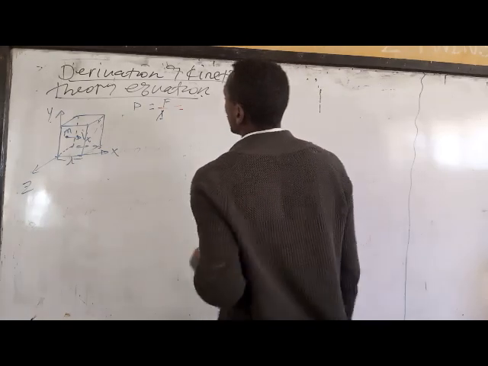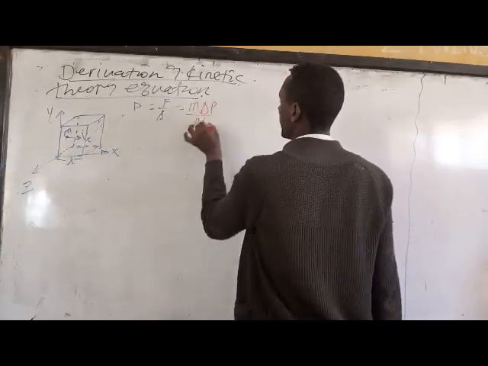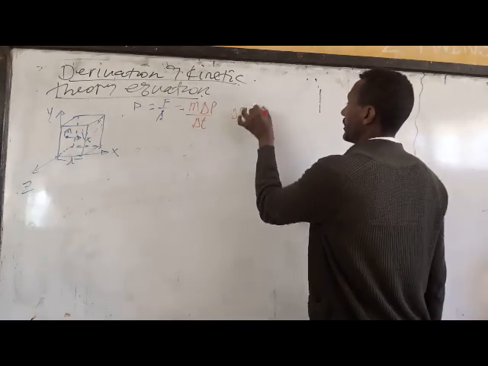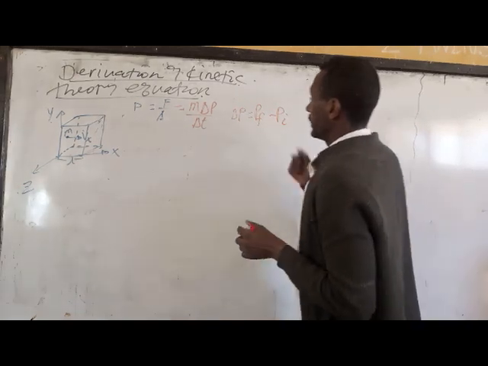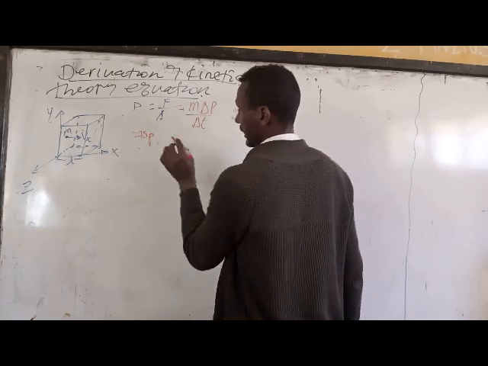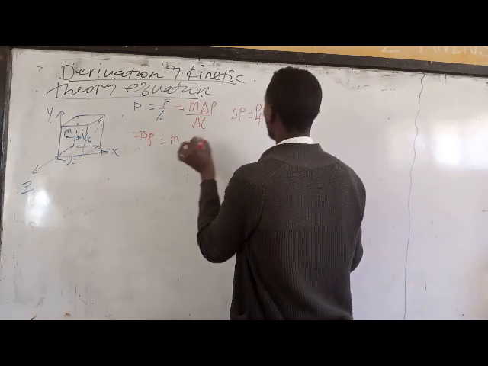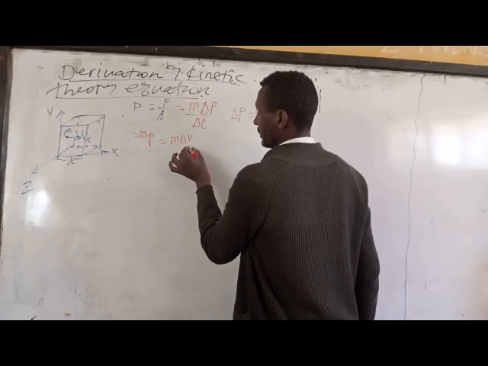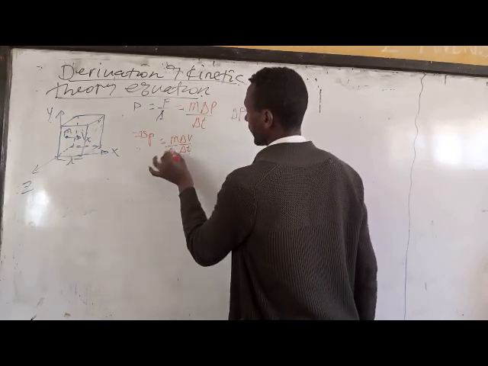But the force is m times delta v by delta t, that is m times delta P by delta T. Delta P is equal to P final minus P initial. This implies the pressure exerted by this single particle is equal to m times delta v by delta t over area.